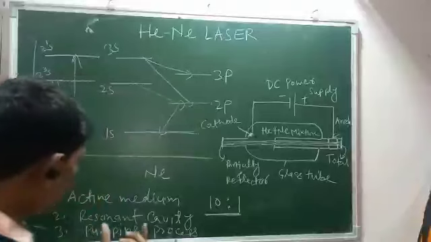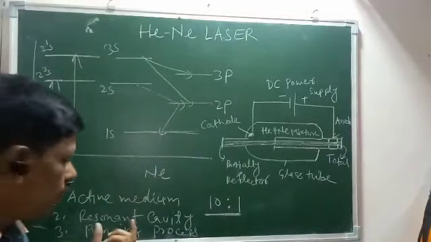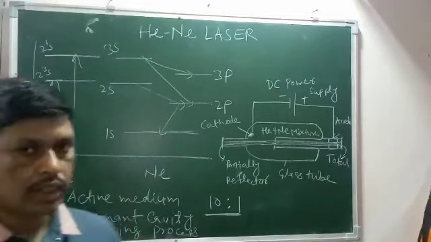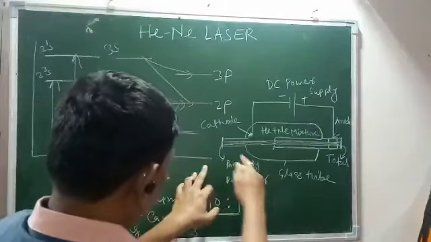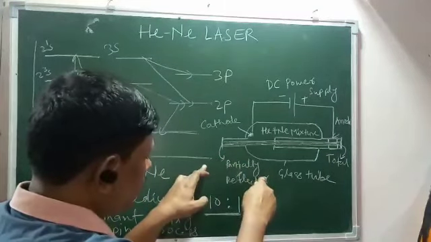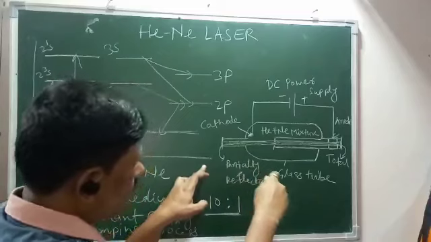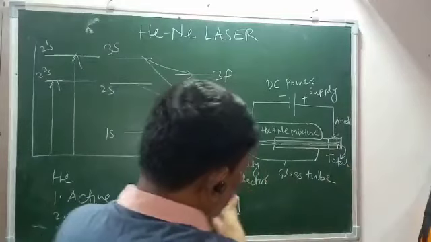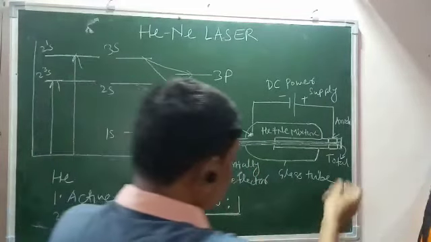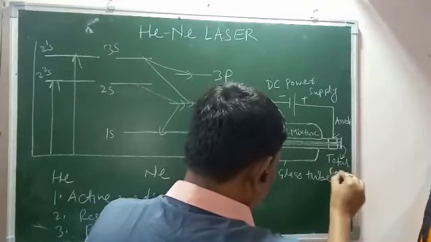This makes the second component of a laser, which is called the resonant cavity. The left parallel plate is partially silvered, a partial reflector, and the right part of the glass tube is a total reflector.